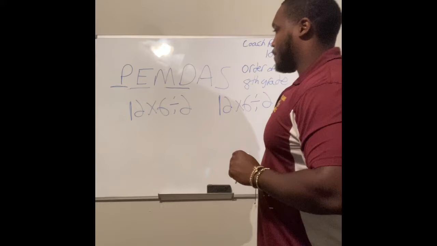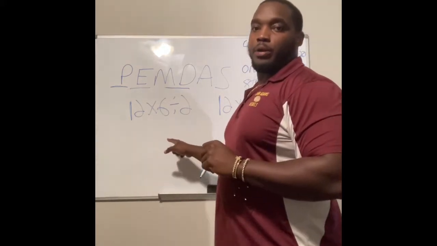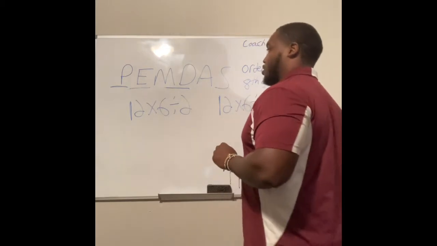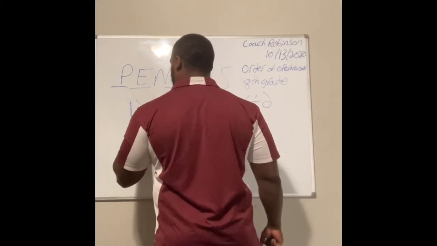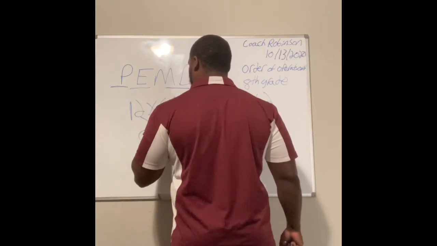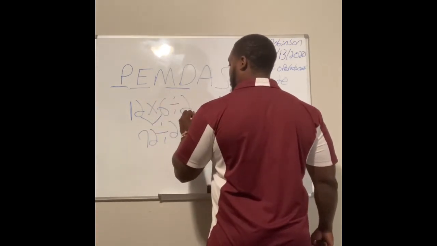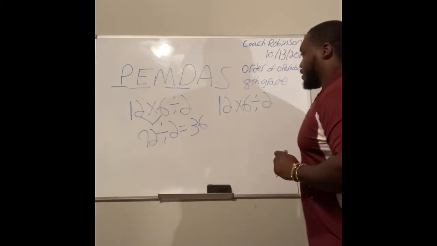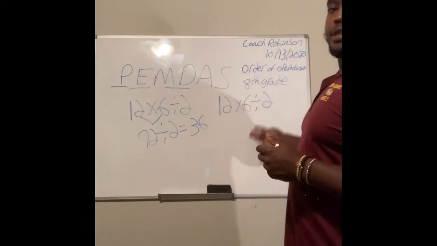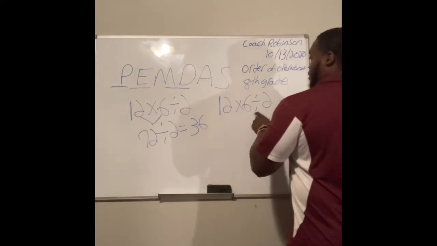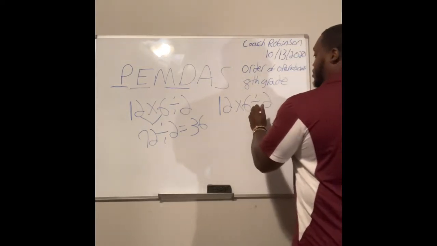Okay, well, according to the order of operation, we have to multiply before we divide, right? So we know 12 times 6 is 72. And 72 divided by 2 is 36. So now let's say if we wanted to divide first, you have that option as well. Because 6 divided by 2 is 3.